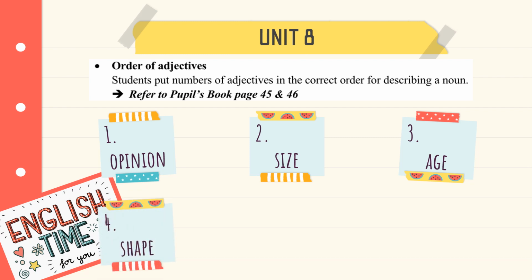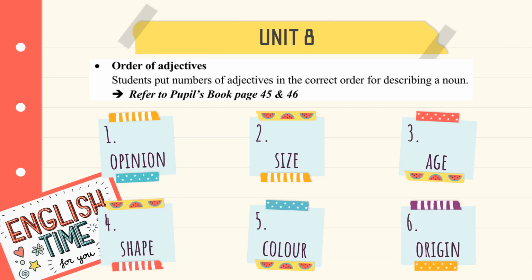The fourth one is shape. And next, color. And the last one is origin. Okay, grade 5. So, the order of adjectives is opinion, size, age, shape, color, and origin. Or as you often say, OSASCO.